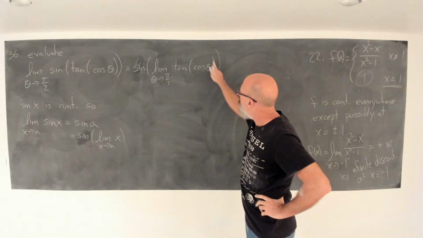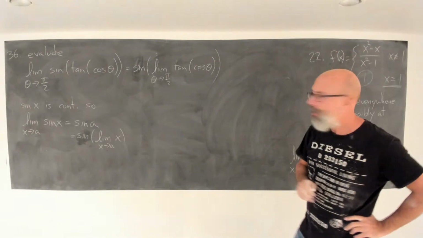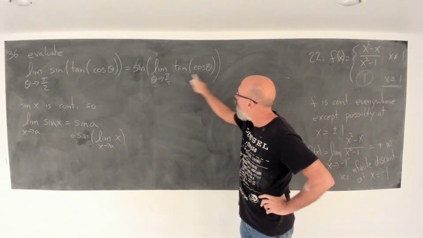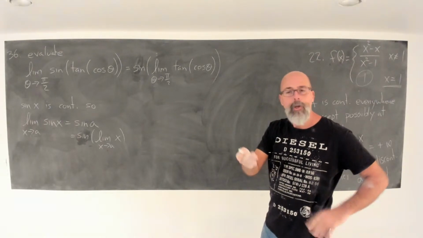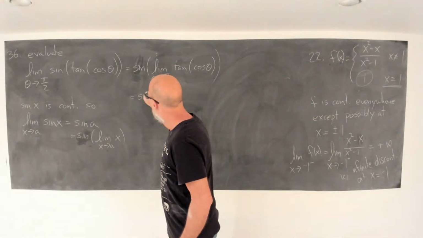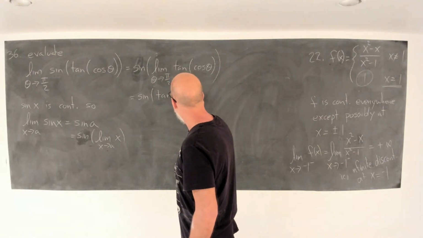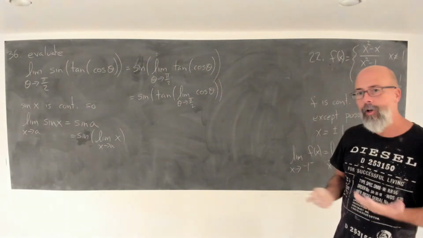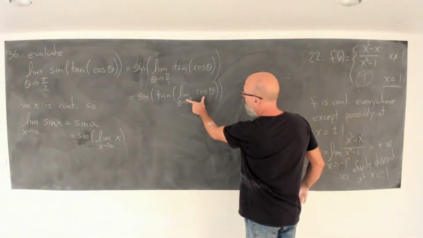So as long as this is not going to be an odd multiple of pi over 2, we're good to go. But looking ahead, the limit of the cosine, as theta goes to pi over 2, is going to be cosine of pi over 2. So here the ends justify the means. And because the limit of cosine is not an odd multiple of pi over 2, you're allowed to do this. And now you know what that is.